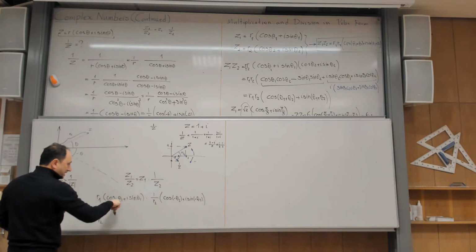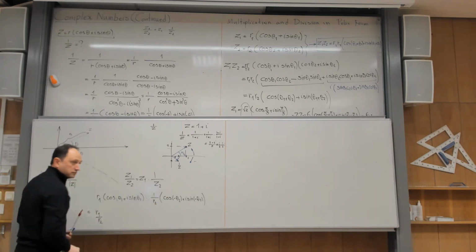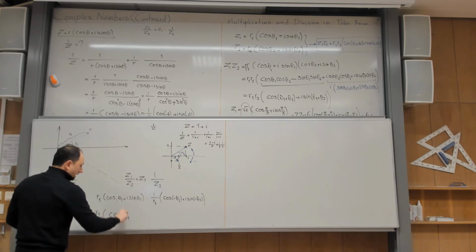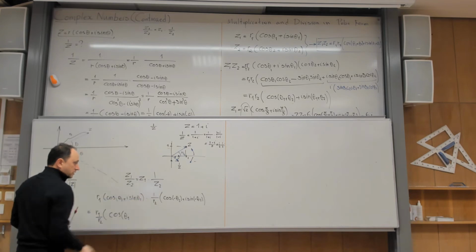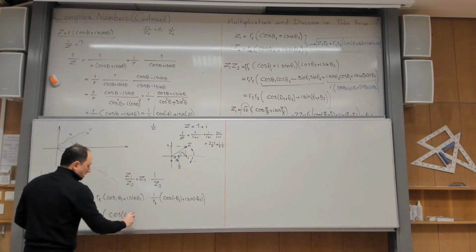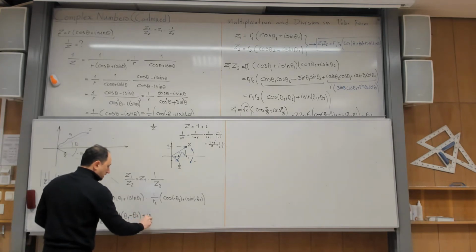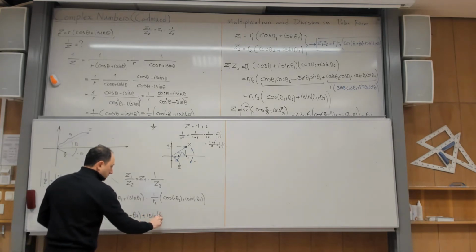And then I add this angle to that angle. So this becomes cosine of theta 1 plus minus theta 2, which is just theta 1 minus theta 2, and then plus I sine of theta 1 minus theta 2. Yes?